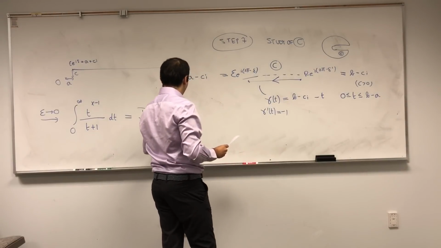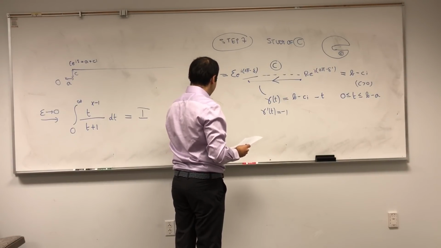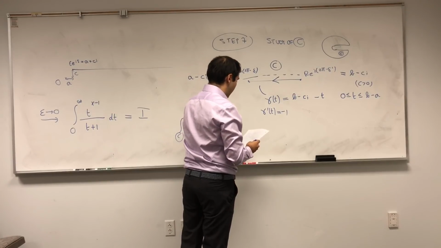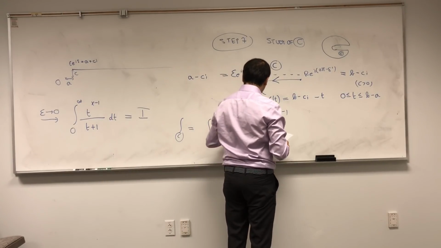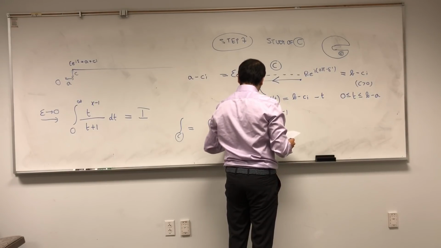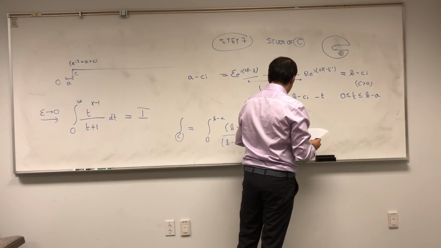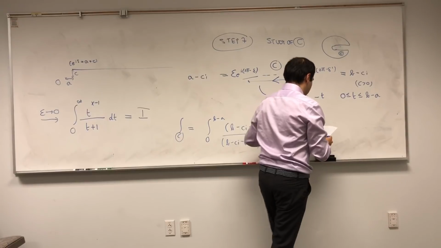So the integral over C becomes the integral from 0 to b minus a of (b minus ci minus t) to the x minus 1 over (b minus ci minus t plus 1), times minus dt.